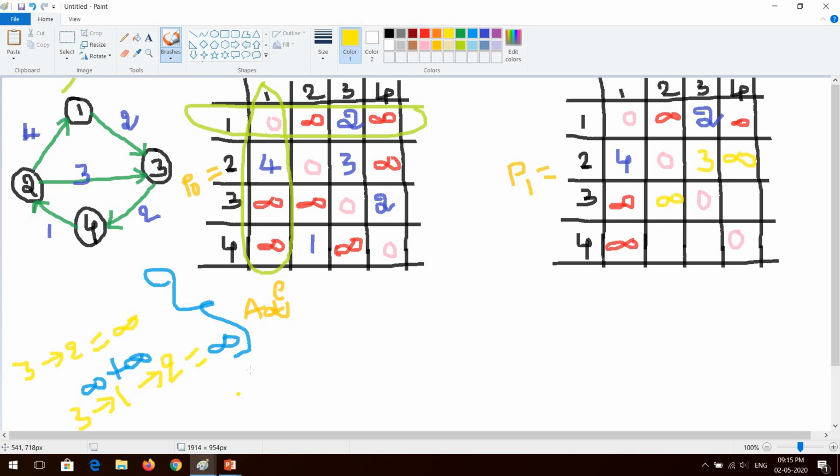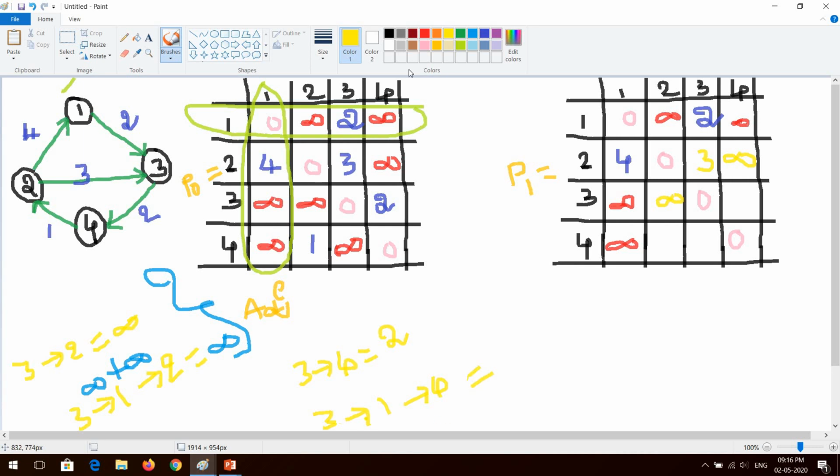Next one is 3 to 4. 3 to 4, earlier we have how much cost? Which is of cost 2, right? So we have cost 2. So now I am considering 1 as intermediate, right? So I will try to move from 3 to 1 and 1 to 4.